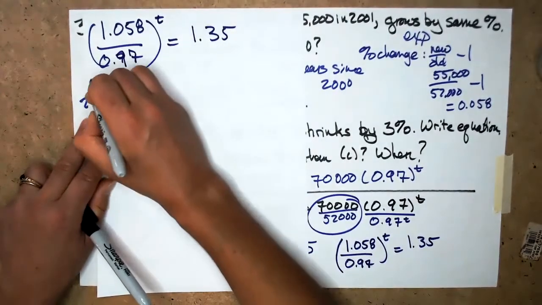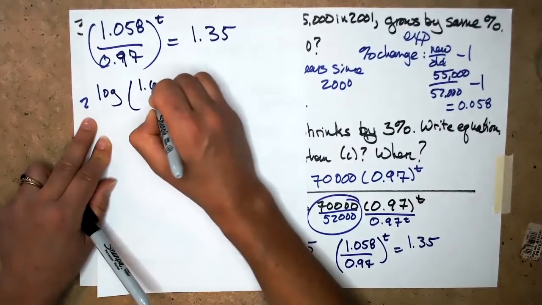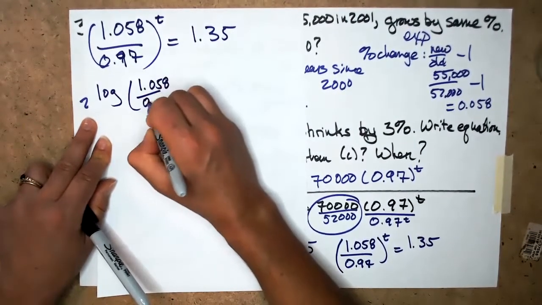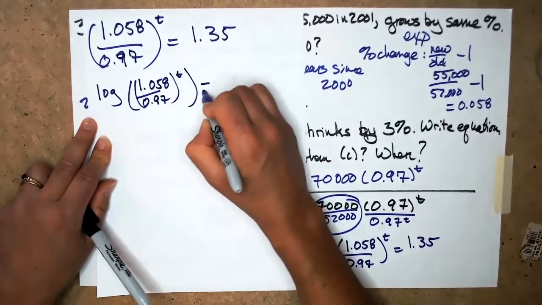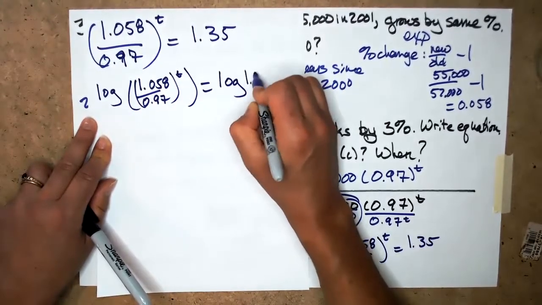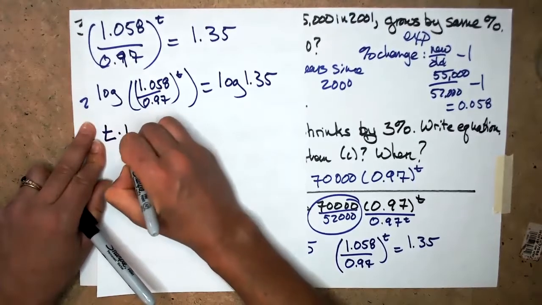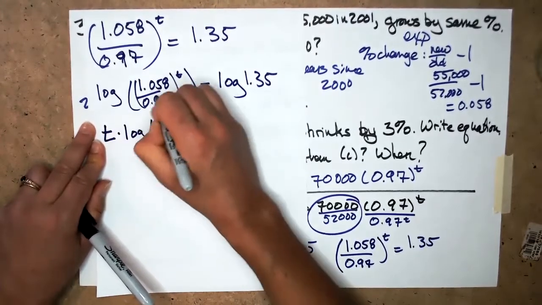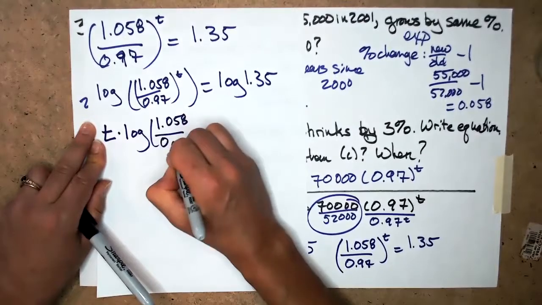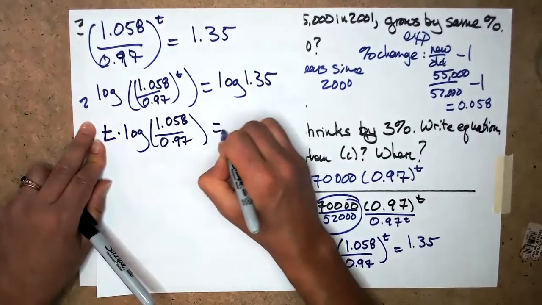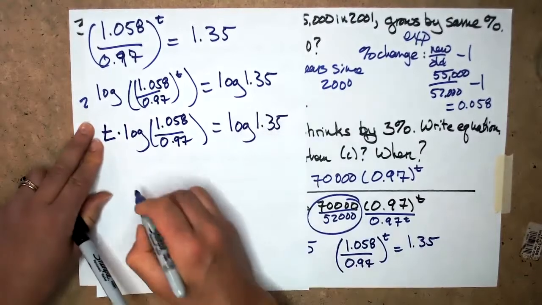Pull out the logs, take the log of both sides. The log of 1.058 over 0.97 to the t, yay, nested parentheses, is the log of 1.35. T times the log of this whole mess, 1.058 over 0.97, is equal to the log of 1.35.